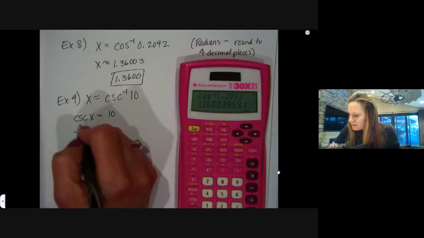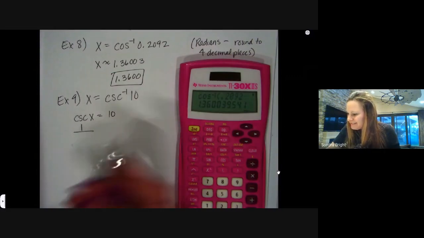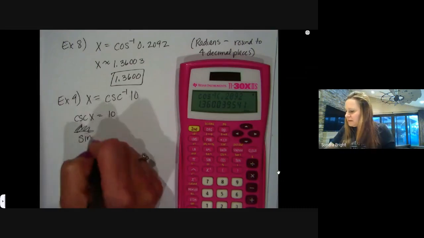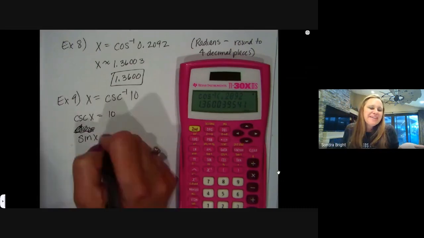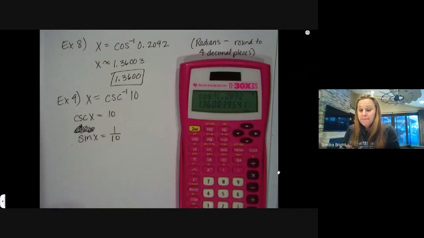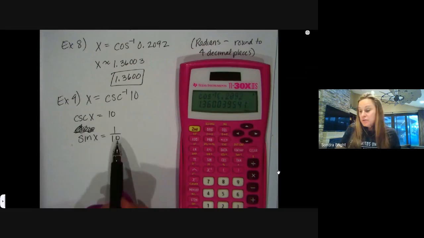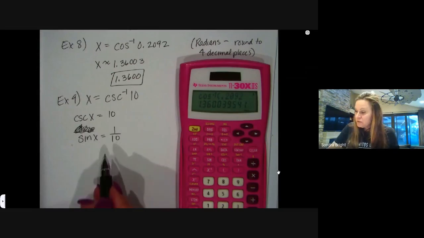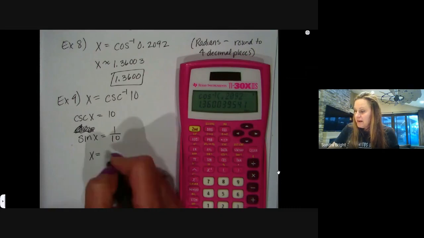That's true, but I like to go, that means sine of x, definitely need my whiteout, is equal to 1 over 10. I take the reciprocal of the number. I think it's easier. So then write it with inverse sine. That means x is equal to inverse sine of 1 over 10.